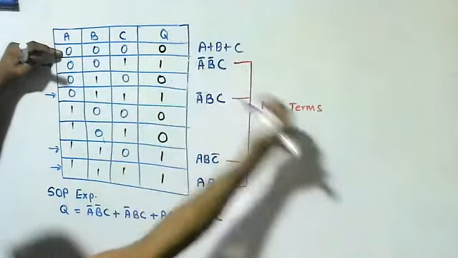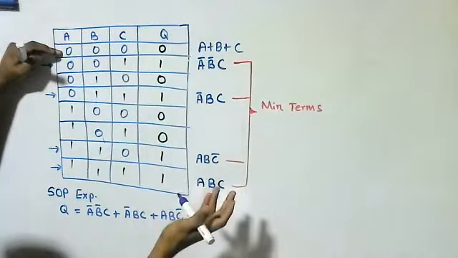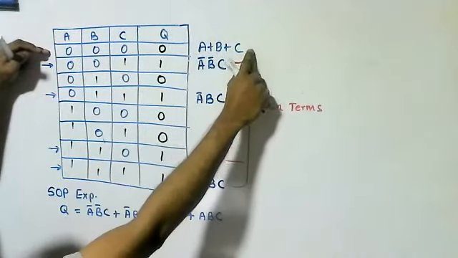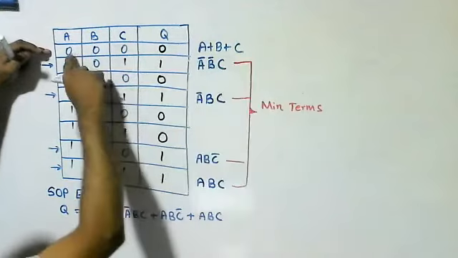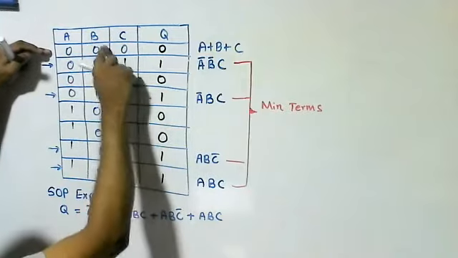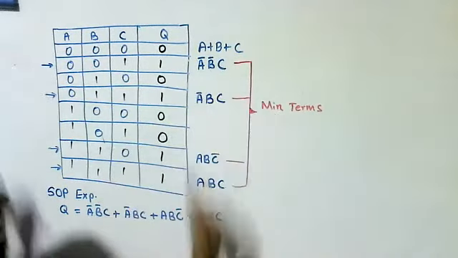But while we are having min terms, it is the opposite of that. Hope it's clear. So here I took one max term, A plus B plus C. Don't be confused. Right, I'm going to have other max terms.